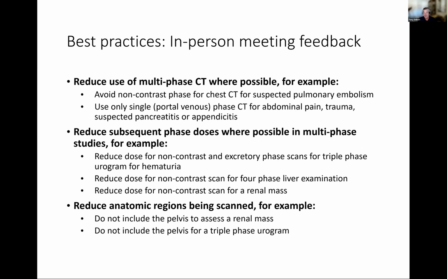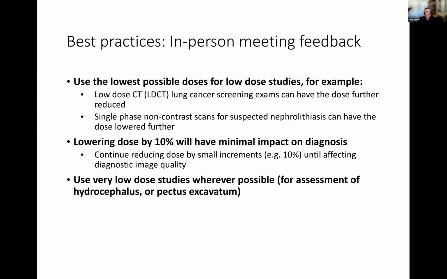I'm sure you've heard all of this, and I'm probably just regurgitating a lot of it. In multi-phase studies, reduce the dose for non-contrast and excretory phase scans, and reduce anatomic regions being scanned to minimize volume, such as not including the pelvis to assess a renal mass or urogram. And those things are implemented in our protocol descriptions.